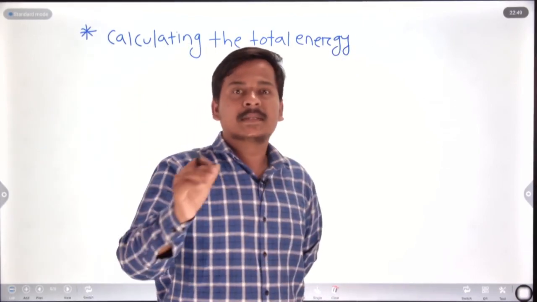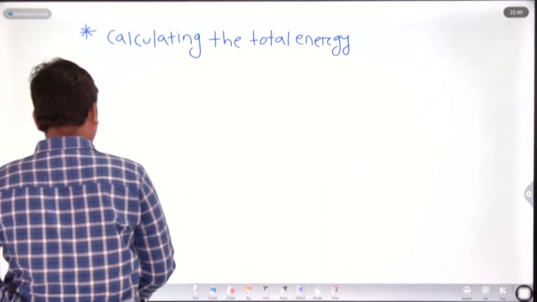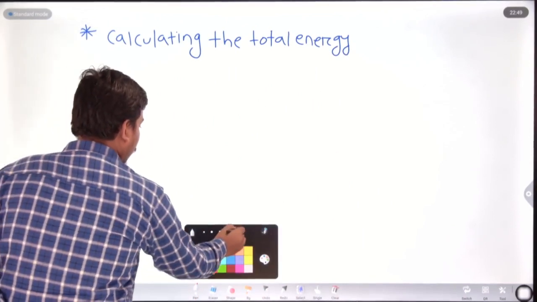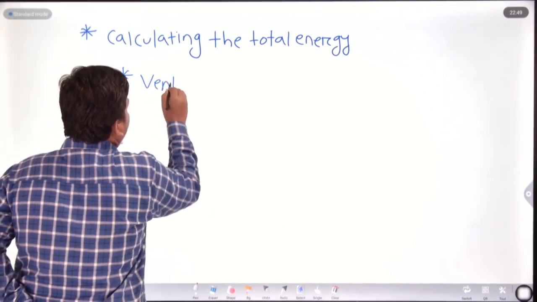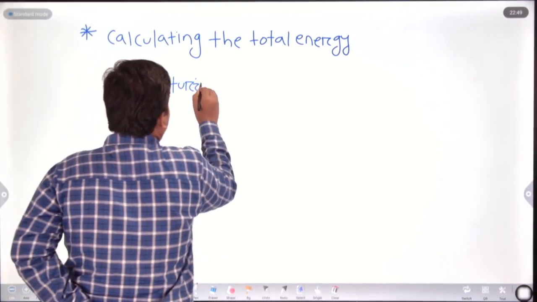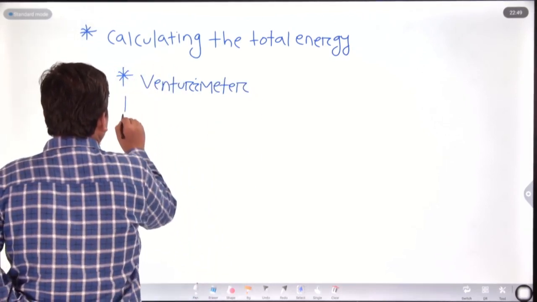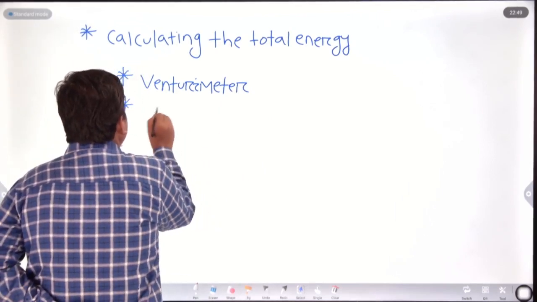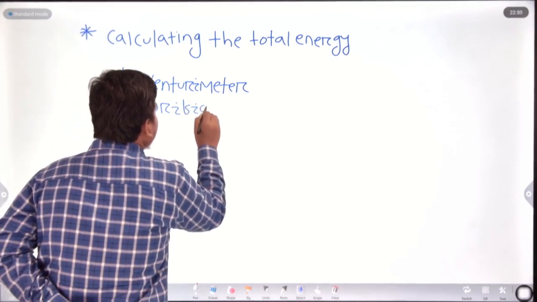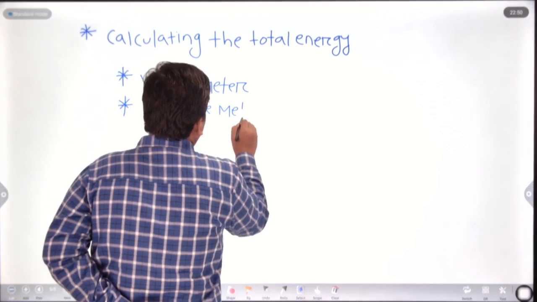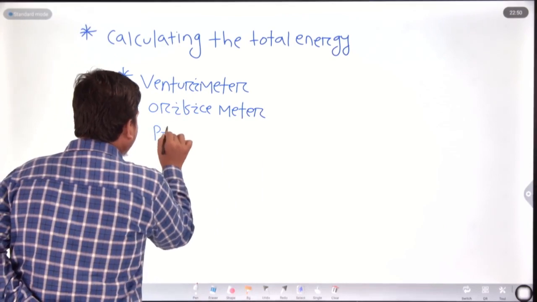Generally, Bernoulli's equation has different types of application. Some of the applications are venturimeter, orifice meter, and third, pitot tube.